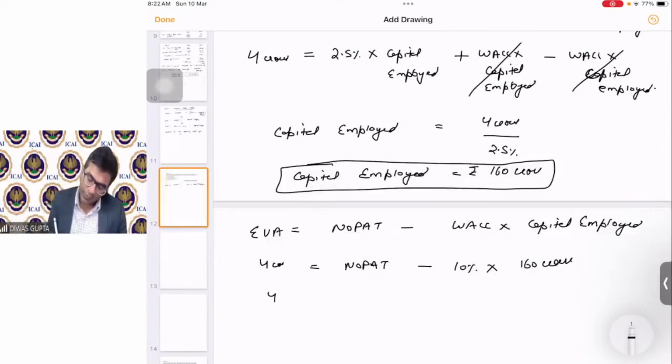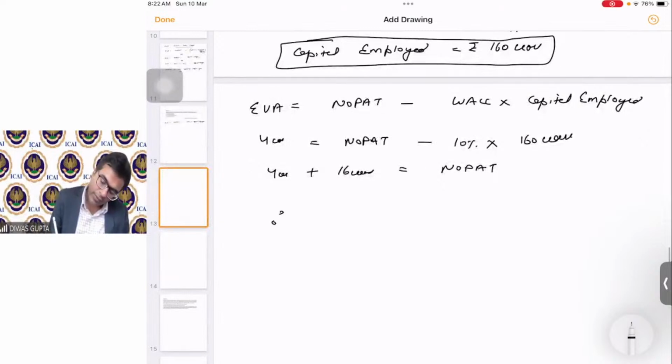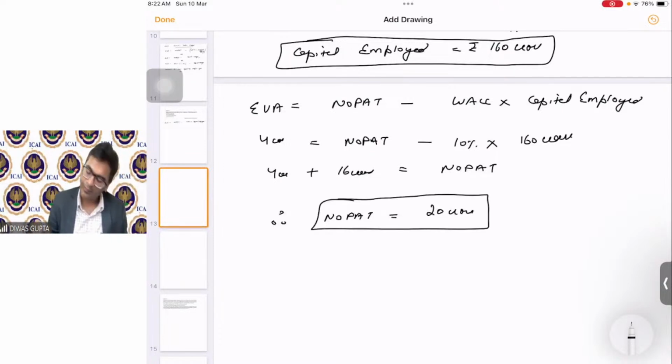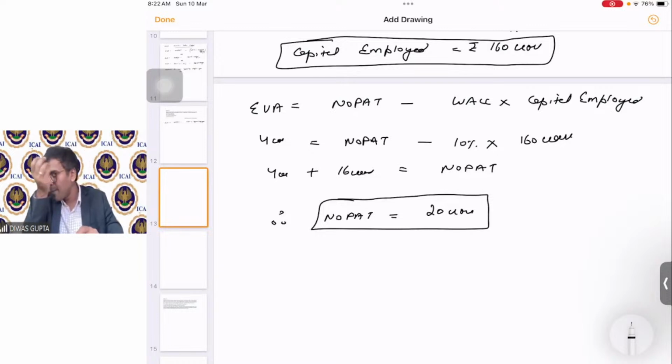So this becomes 4 crores plus 16 crores is equal to NOPAT. Therefore, NOPAT is equal to 20 crores. This is the second part answer.